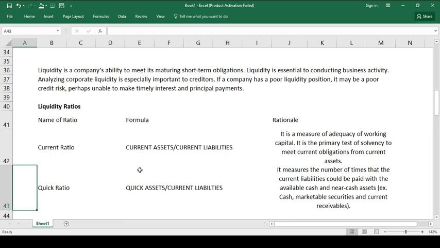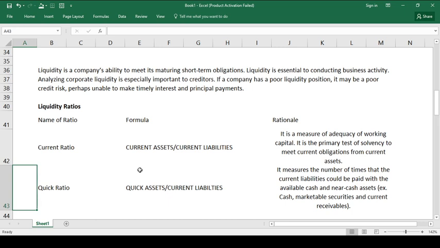Now, if the current ratio is greater than 1, we can easily assume that the company is highly liquid because it is able to pay its liabilities kasi there is enough current assets to pay the current liabilities. If it is less than 1, it means mas mataas po ang current liabilities over the current assets. In effect, pag maningil lahat ng current liabilities na meron ka, kukulangin ang current assets na meron ka.